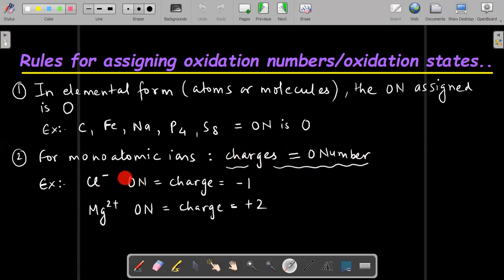Means chloride का charge -1 है, तो वो -1 charge भी है और oxidation number भी है. Similarly, I pick up any monoatomic cation like magnesium. तो magnesium का charge is 2 plus, so इसका oxidation number is also 2 plus. Similarly, if I have Al3 plus, तो उसका oxidation number and charge is +3.